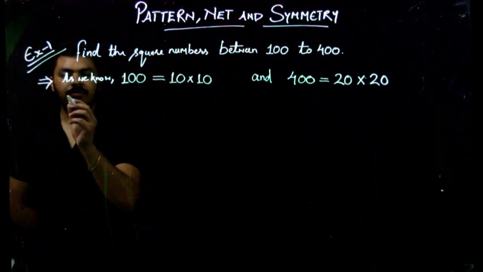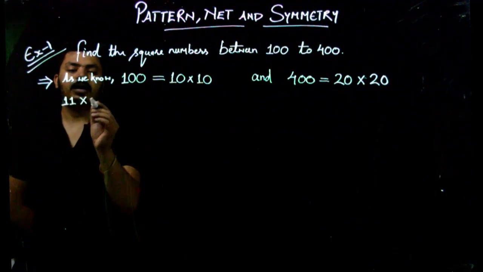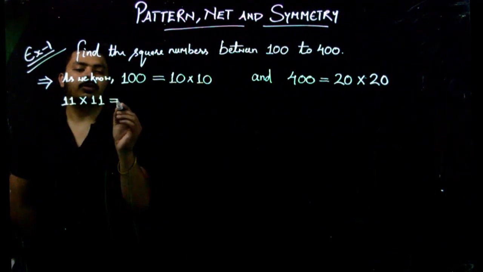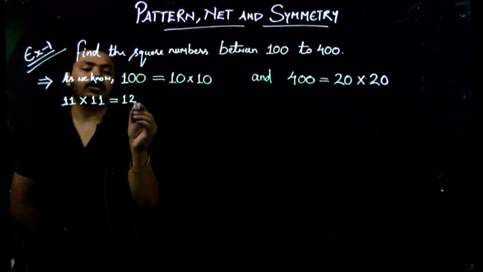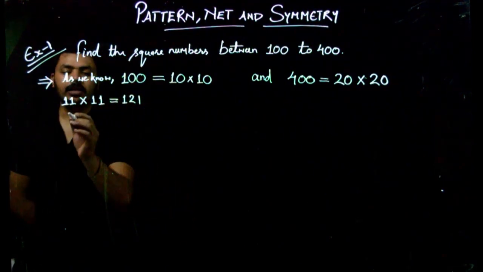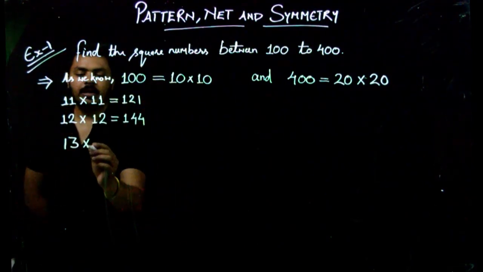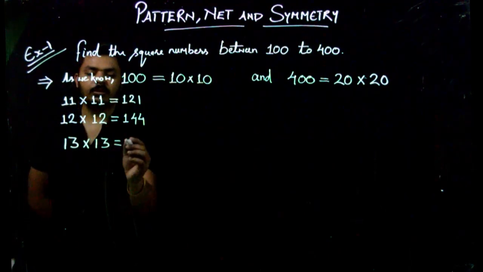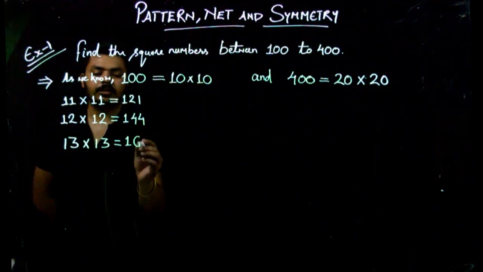So our next square after 10 square would be 11 multiplied by 11 equals 121. Then the next would be 13 multiplied by 13 equals 169.